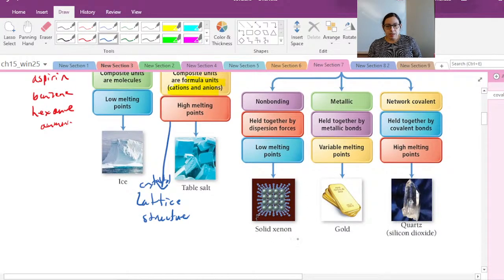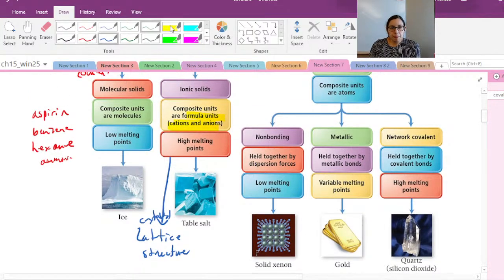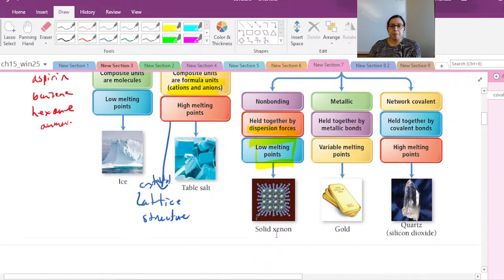So xenon is a noble gas, and obviously you can cool it down, and then it might exhibit different behavior potentially, although I still would suspect xenon is not a conductor. And then obviously, these are going to be held together by dispersion forces, low melting points to say the least. That's kind of an exaggeration at this point.